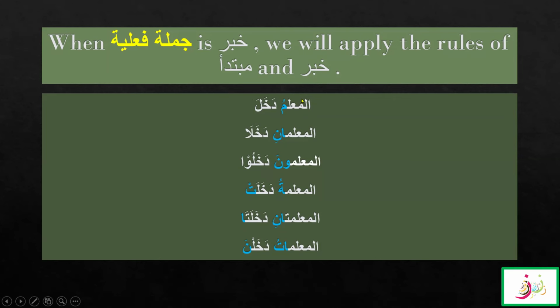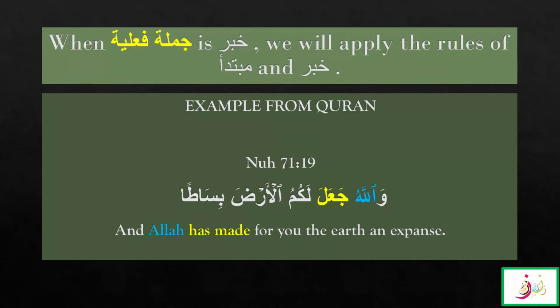But for the i'rab, this is a mubtada and a khabar. This whole is jumla ismiya, while the khabar is a jumla fi'liya. All right, and remember that this khabar, the jumla fi'liya, should match with the ism in number and gender.